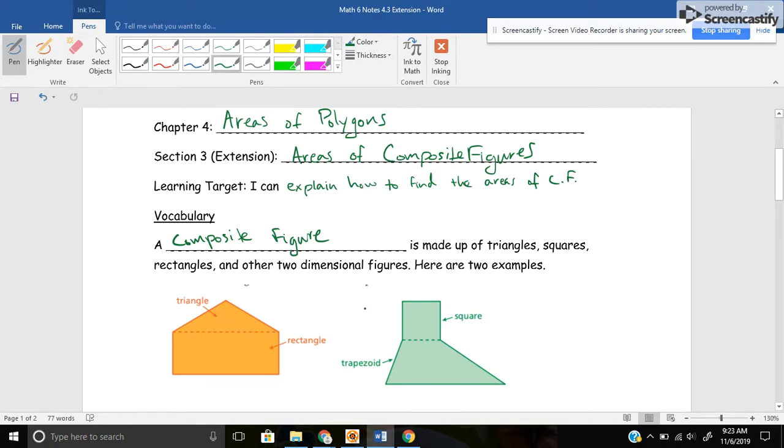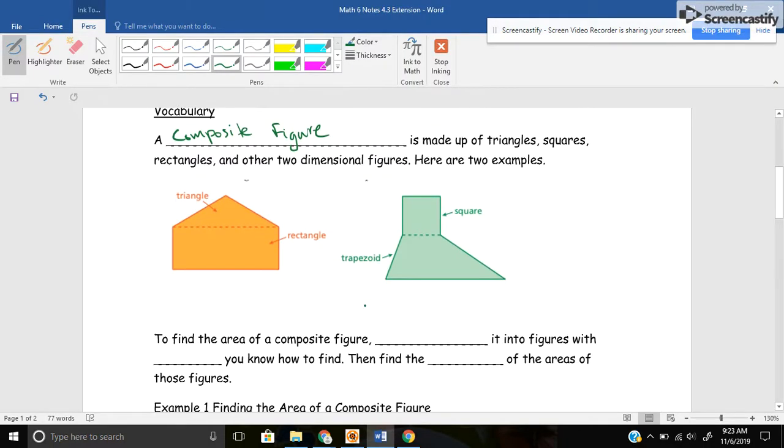Okay, and really, all you need to do to find the areas of these composite figures is separate the composite figures into figures with areas that you know how to find, and then find the sum of the areas of those figures.